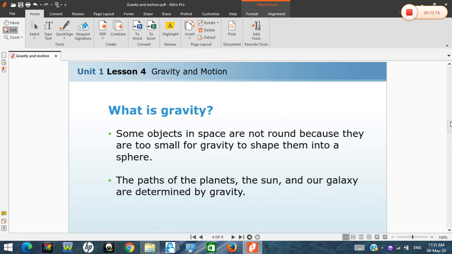So the distance is related to the gravity. When the distance between two objects increases, the gravity force decreases, and when the distance between two objects decreases, the gravity force increases. So we studied two factors that affect gravity.